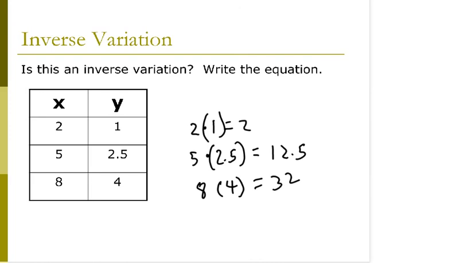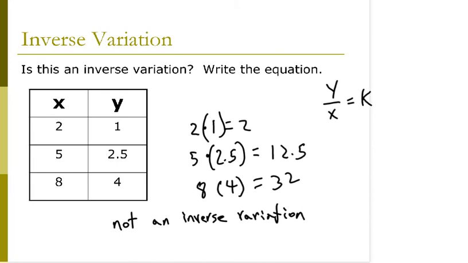In fact, I believe that this is actually a direct variation. So let's try division instead. If we did y over x, let's see if we end up with a constant. So 1 over 2 is equal to 1/2. If we did 2.5 over 5, 2.5 is 1/2 of 5, so that's equal to 1/2 too. 4 over 8 is equal to 1/2.